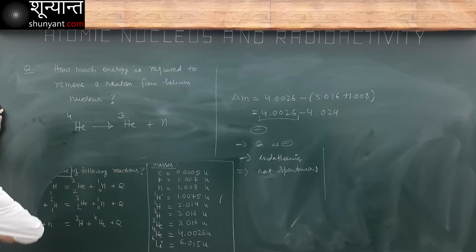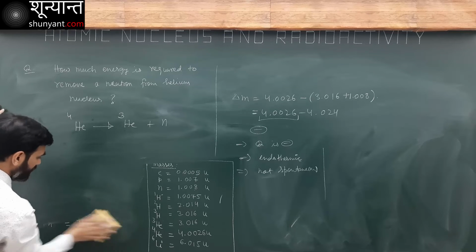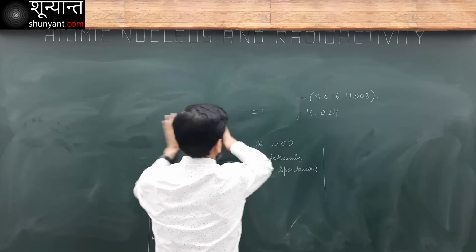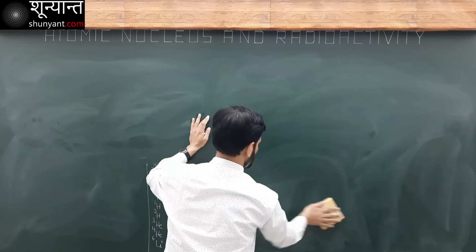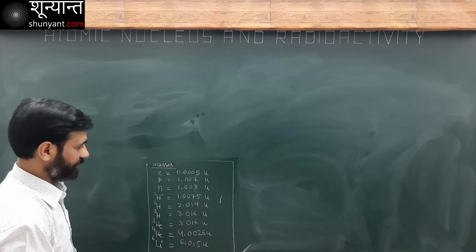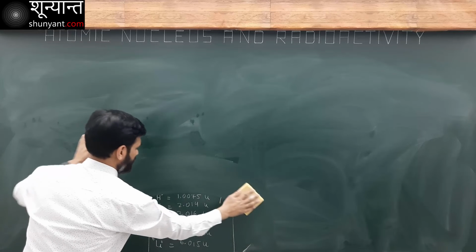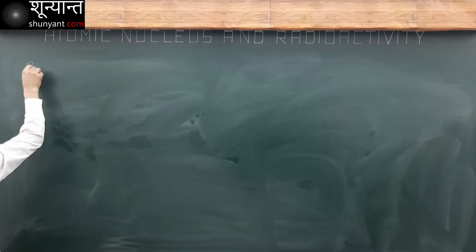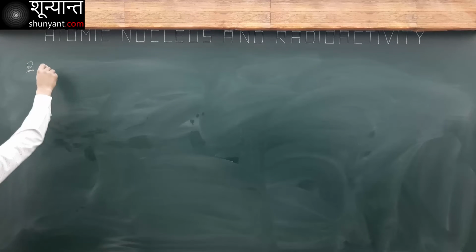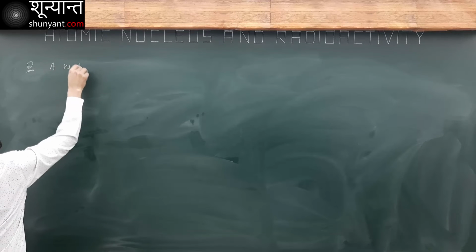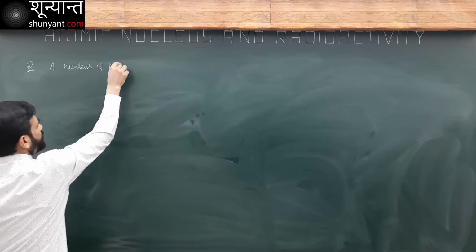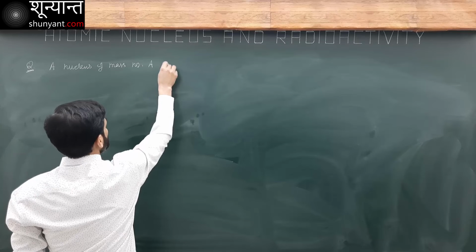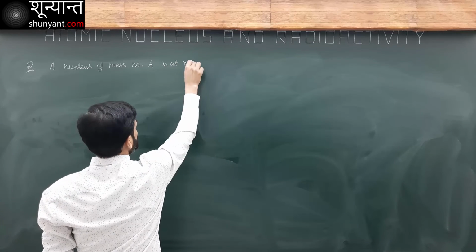Let's do one last problem. We have a different type of reaction here. Note down this problem. A nucleus of mass number A is at rest.